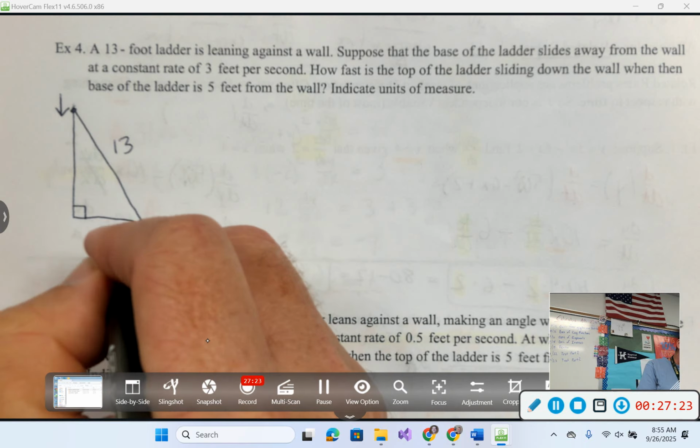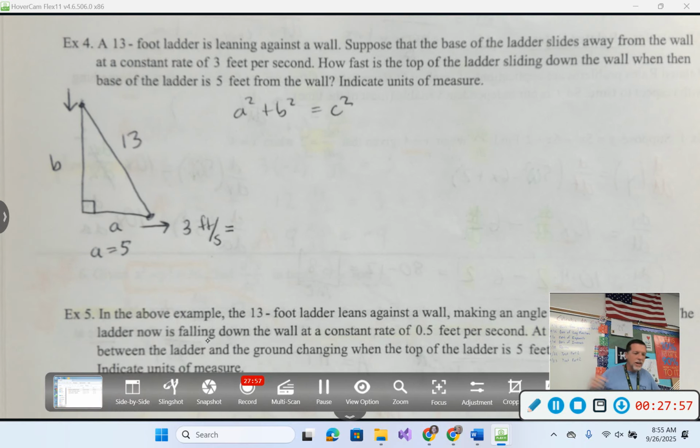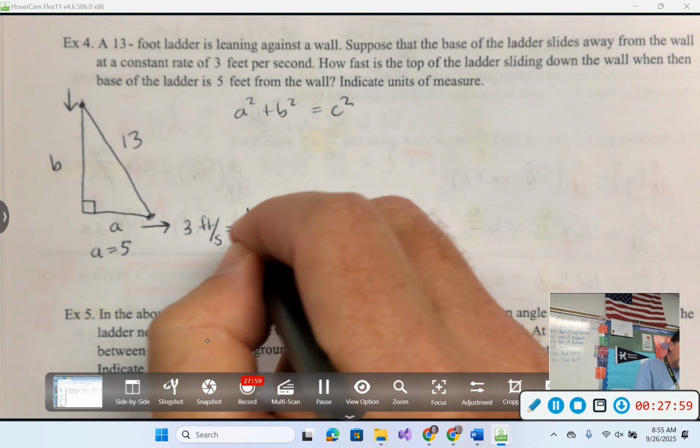In fact, let's just go ahead and write a squared plus b squared equals c squared. They said when a is 5. I mean, they didn't say a, but they said 5 feet from the wall. Which means that this 3 feet per second is how a is changing. A is getting bigger. So that's my dA dt.